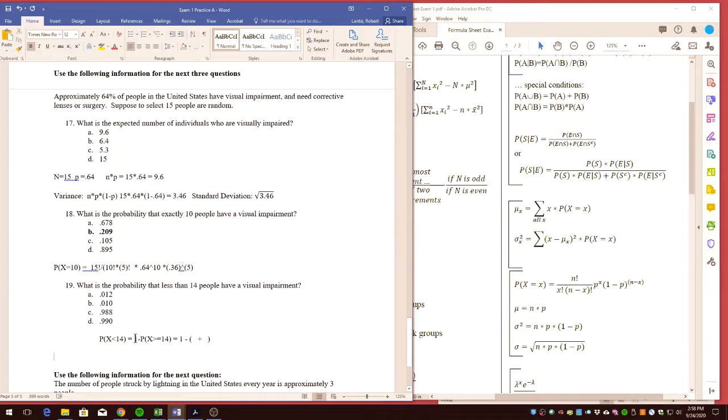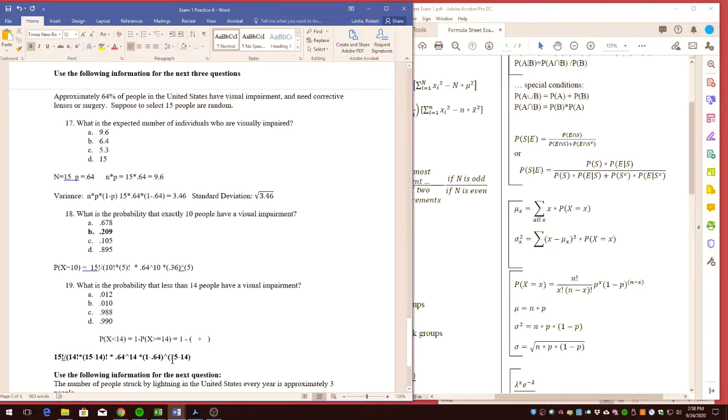So if I went ahead and did that, just plugging those values in, it would look very similar to up here. I'll type this out for you real quick. So 15 factorial, oh, it's bolded, but I guess we'll be okay. Divided by x, the first x we have is 14, times n minus x factorial, times the probability of success to the power of x, times 1 minus the probability of success to the power of n minus x.